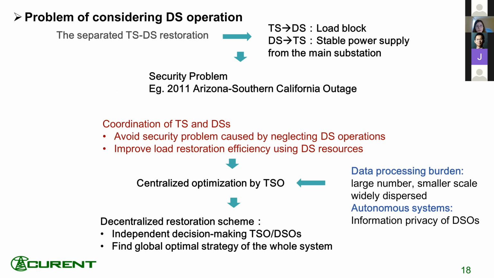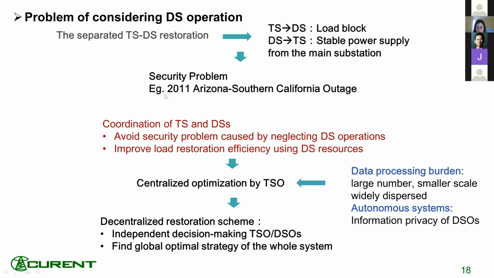problems, because conventionally the study of transmission system restoration and the study of distribution system restoration are separated. However, this separation has already brought some security problems, such as in the 2011 Arizona-Southern California outage.